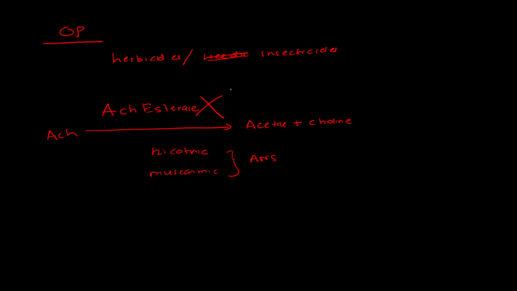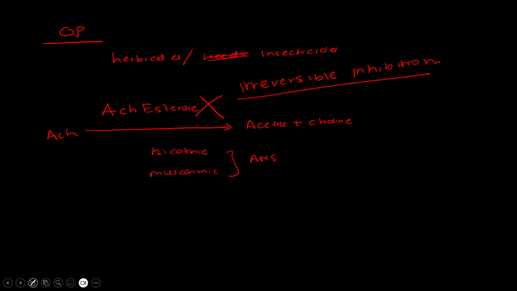By binding to the active site, it causes an irreversible form of inhibition, so it cannot be reversed back. So it will bind and prevent the acetylcholine esterase from working. So what would happen?